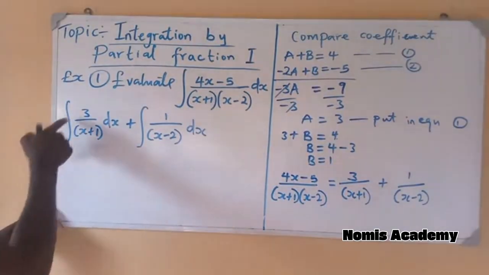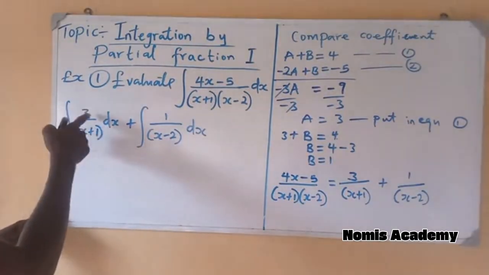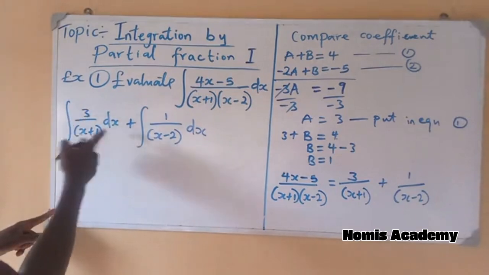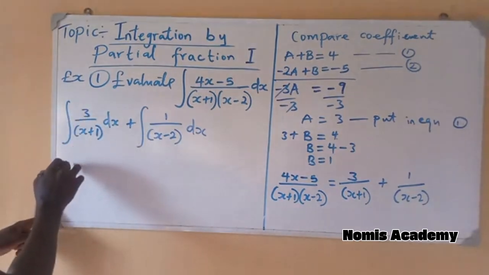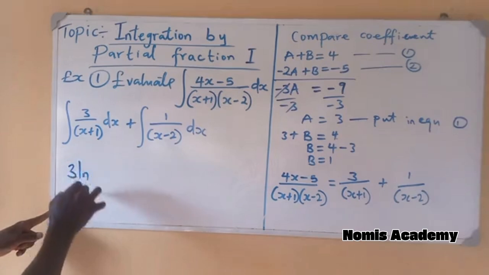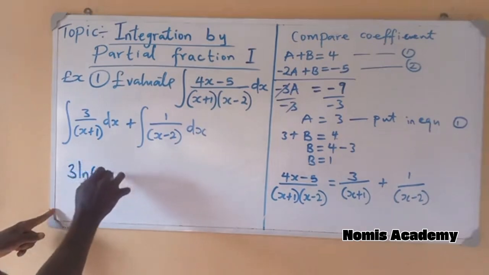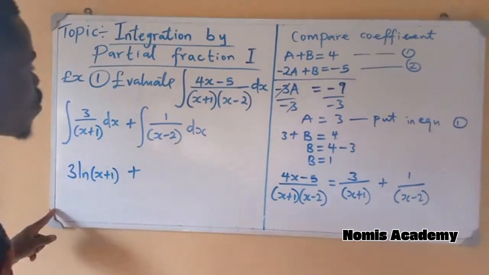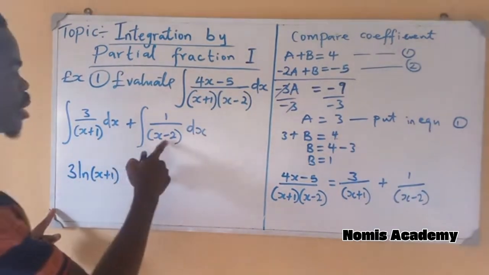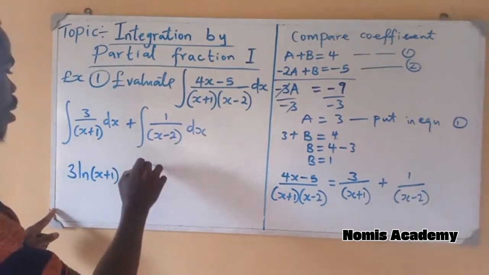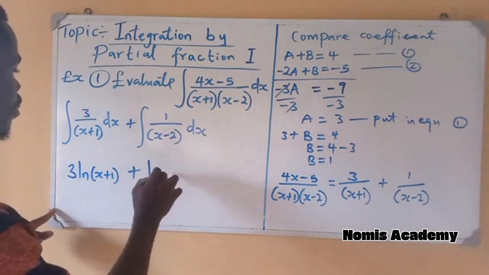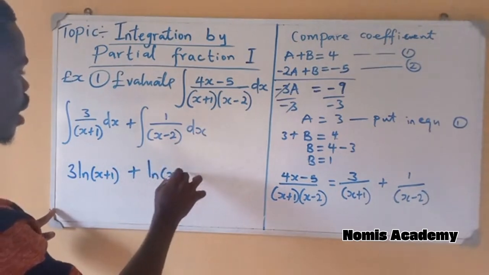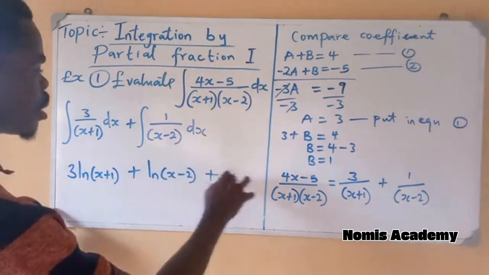So the integral of 3 over (x + 1) dx is 3 ln|x + 1|. Then plus the integral of 1 over (x - 2), which is ln|x - 2| + c.